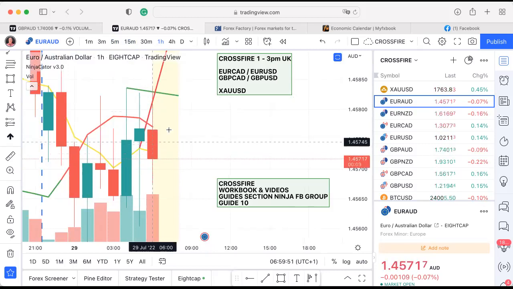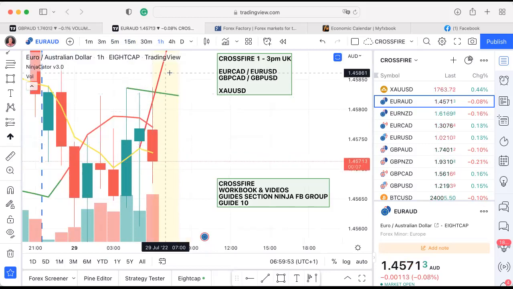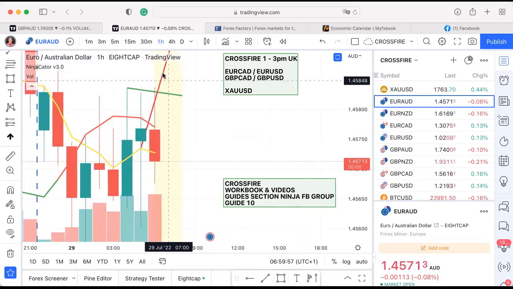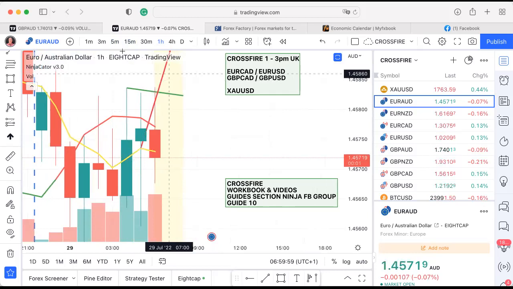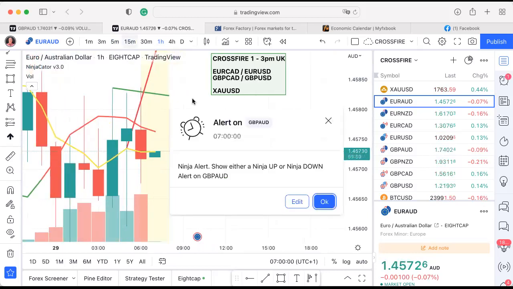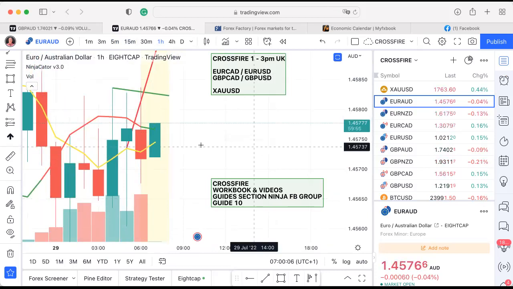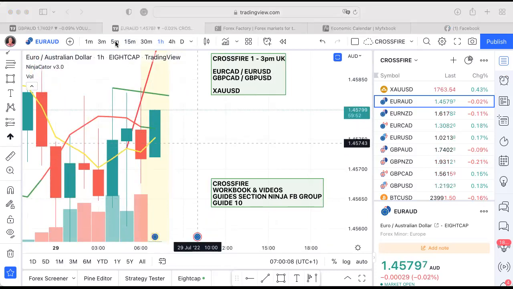Once the buyers regain dominance, price will go above the line. But then it'll hit that line. That's the way I read it anyway. I may not be 100% technically correct there, but it works. If you adopt that thinking, it does work.